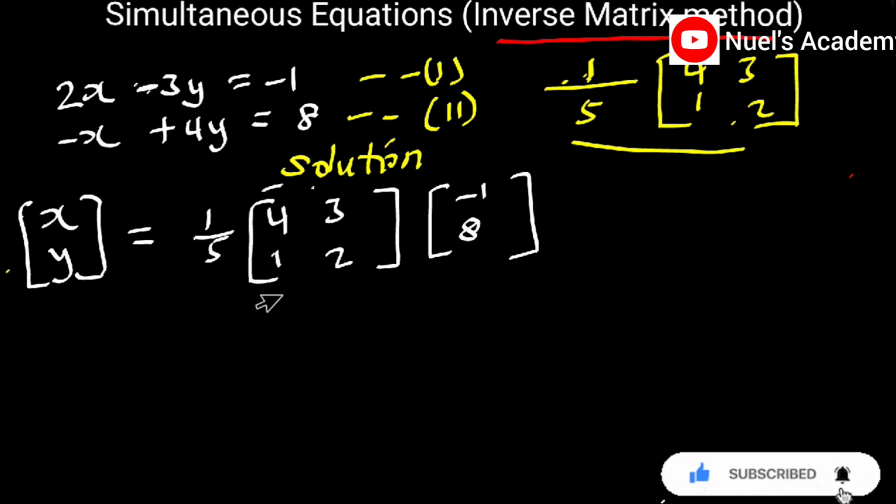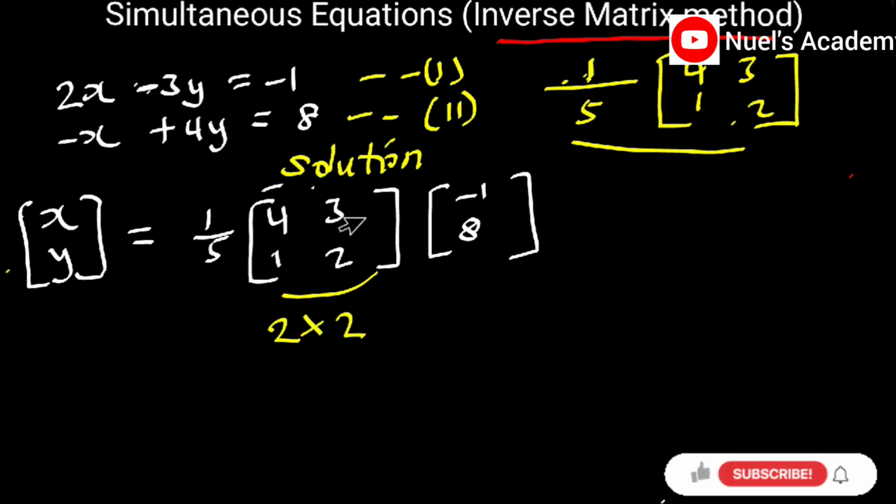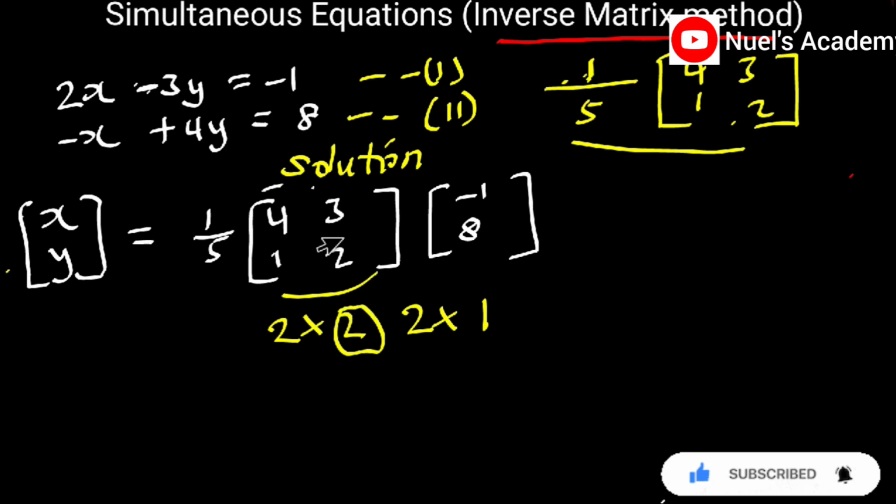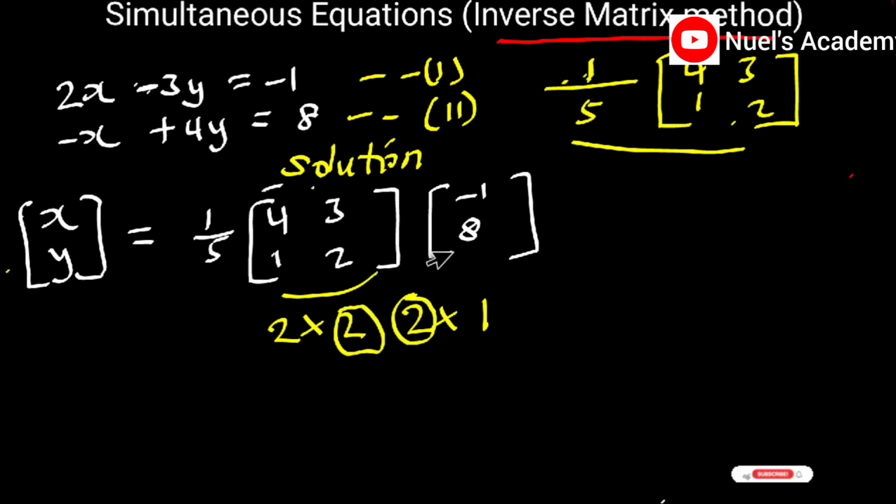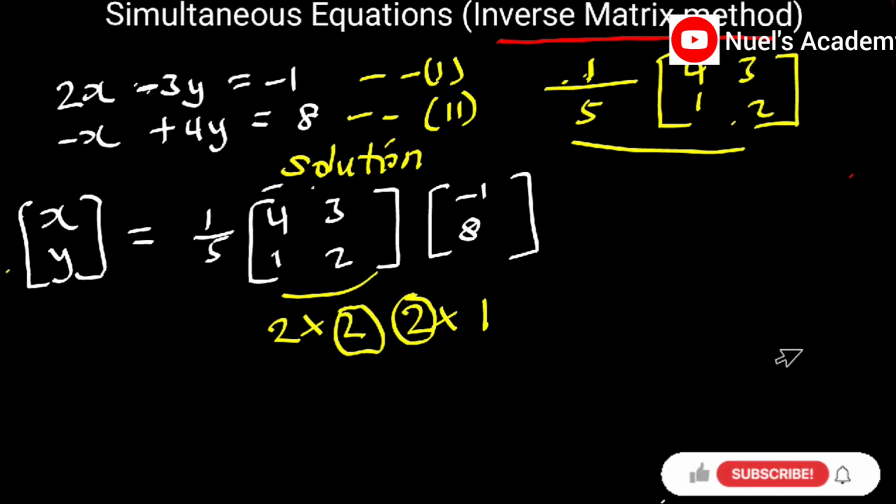The order of this matrix here is 2 by 2, that is 2 rows and 2 columns, whereas the order of this is 2 by 1, which is 2 rows and 1 column. Since the number of columns of the first matrix is equal to the number of rows of the second matrix, this can be multiplied, and in the end we are going to get a matrix of the order 2 by 1. So let's go ahead and multiply these two matrices.